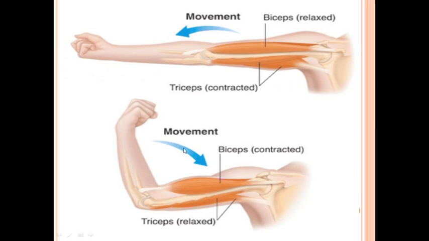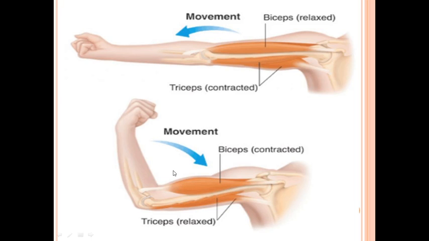When we are doing this kind of movement, then the biceps are contracted and the triceps are relaxed. Only this difference we have to learn. When we are doing this kind of stretching, then our biceps are relaxed but our triceps are contracted.